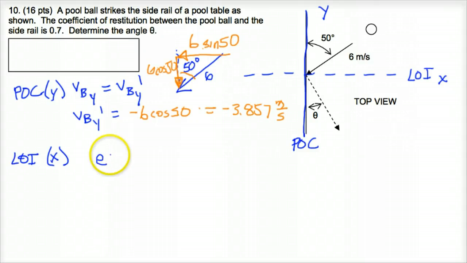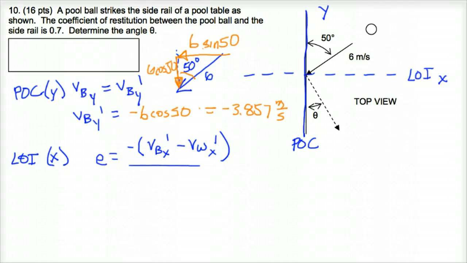And we will use e is equal to the negative of the velocity of the ball in the x direction after minus the velocity of the wall after, over the velocity of the ball in the x before minus the velocity of the wall in x before.